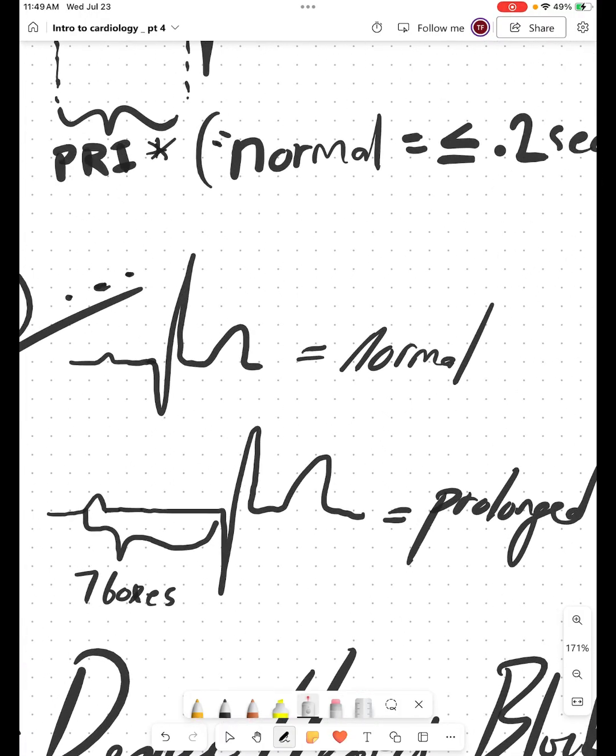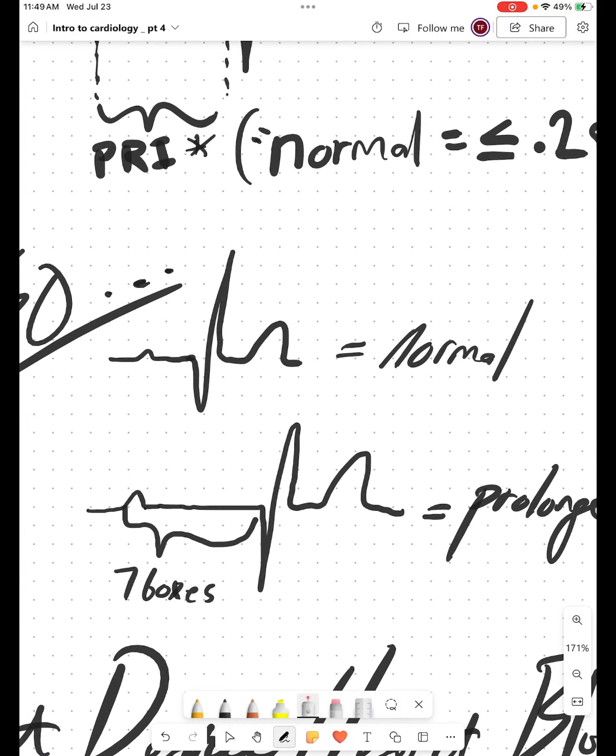I know these lines are not exactly the same as your ECG paper, but for demonstrative purposes, let's act like they are. So we got a box, a box, a box, a box. From the very beginning of this P wave to the very beginning of this QRS complex, we got 1, 2, and then about a half box, and then probably another half here.